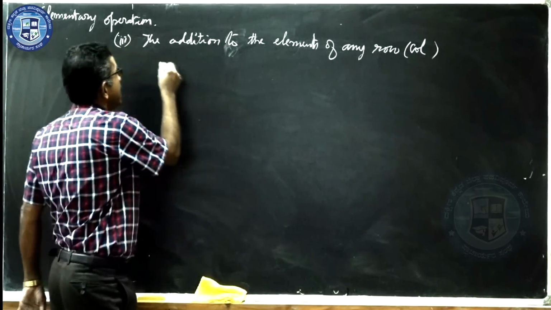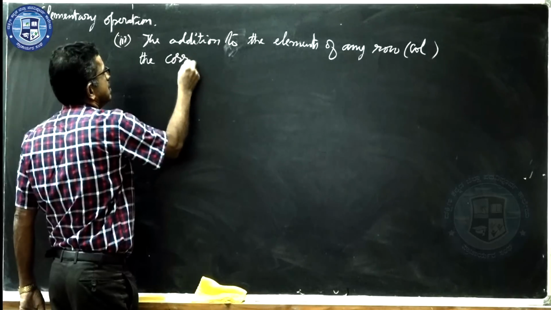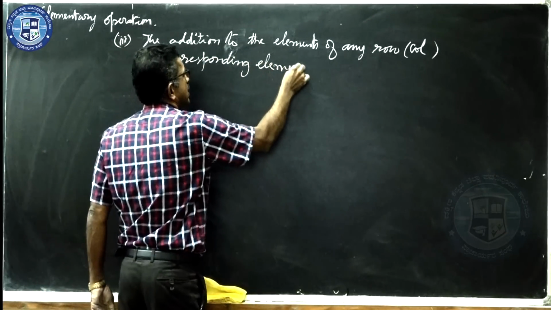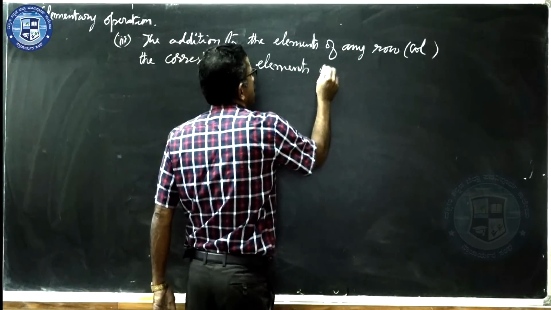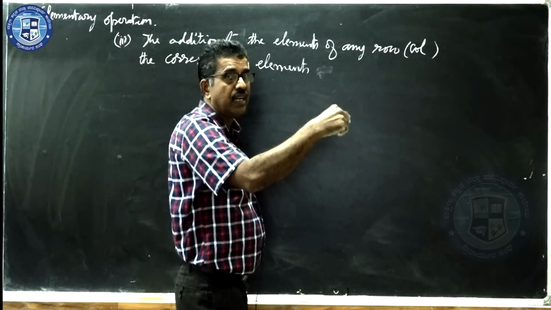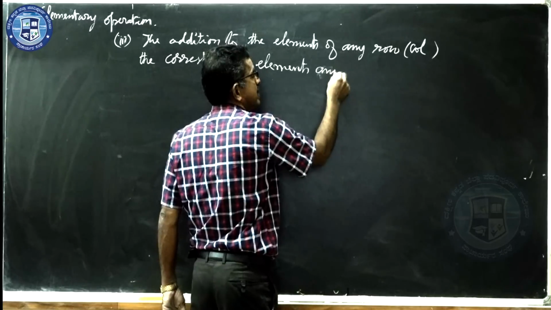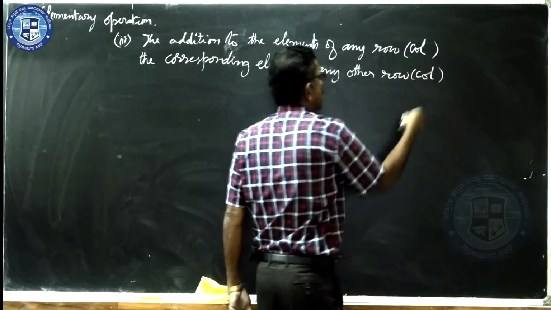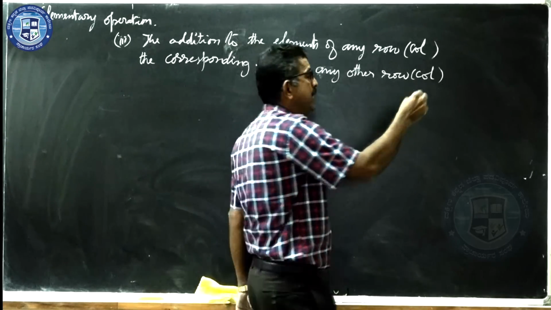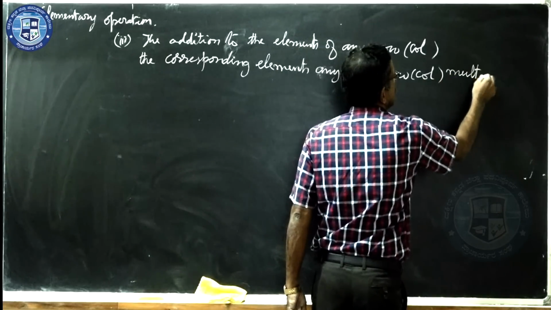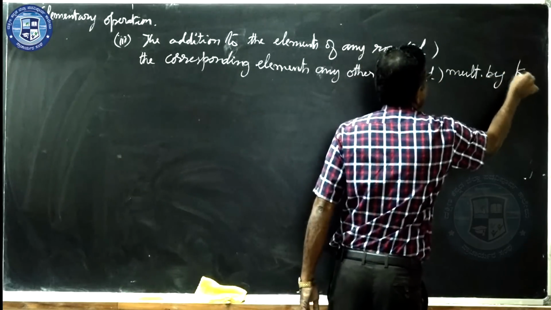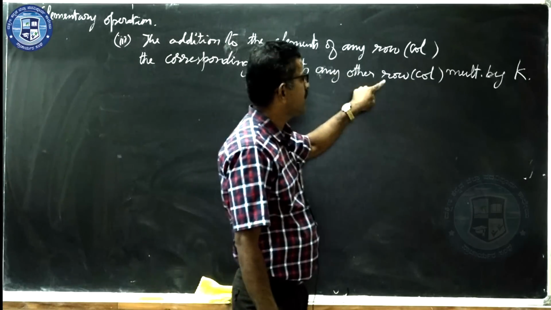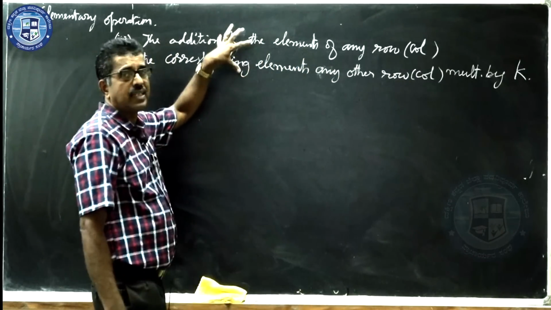Any row or column, the corresponding elements of what? The corresponding elements of any other row, not the same row, any other row or any other column, multiplied by some constant k. A non-zero constant k has to be multiplied to all the entries of the other row and then added to the elements of a taken row.